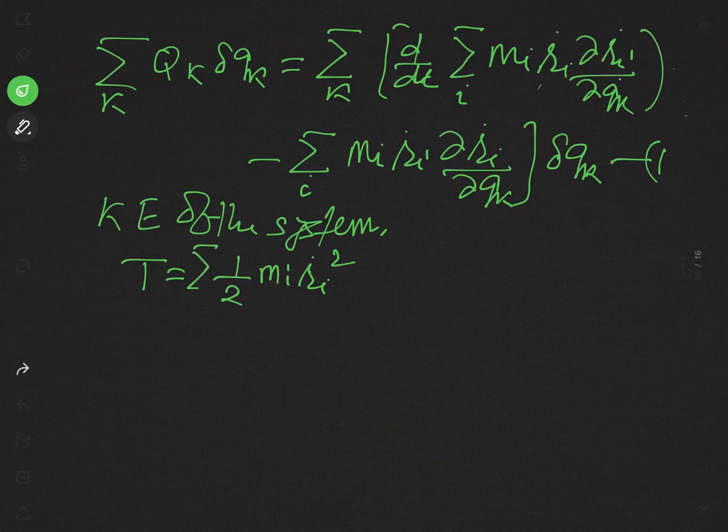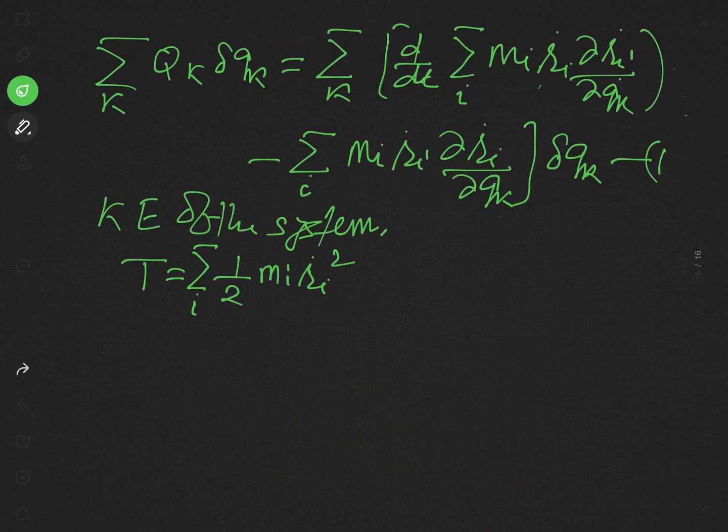Now if we sum over i equal to 1 to n, we get the kinetic energy of our system. So T equals summation over i of half mi ri dot square.